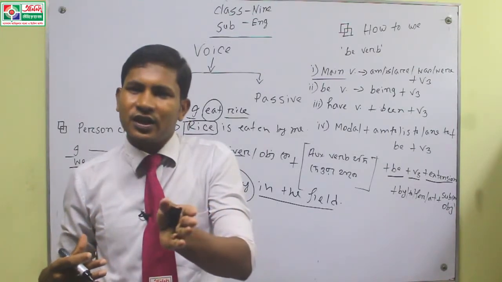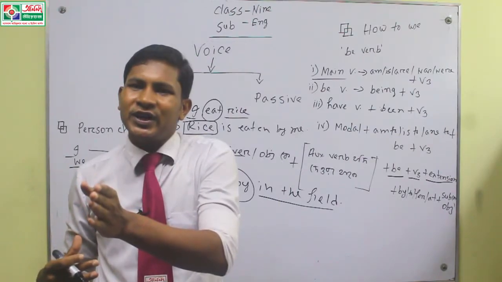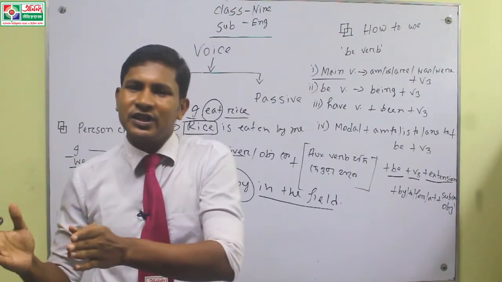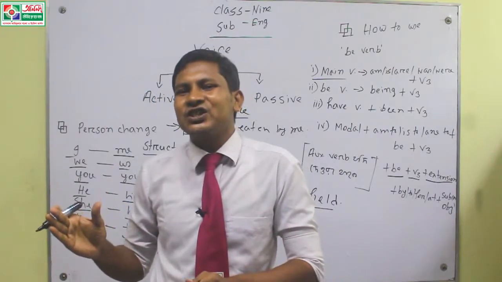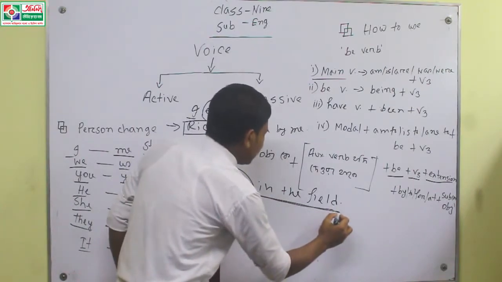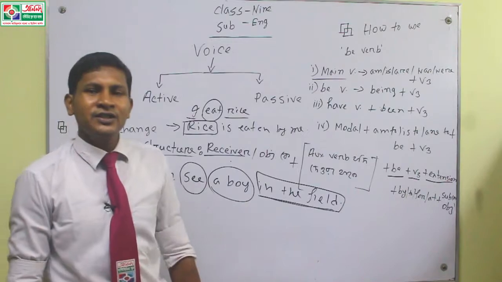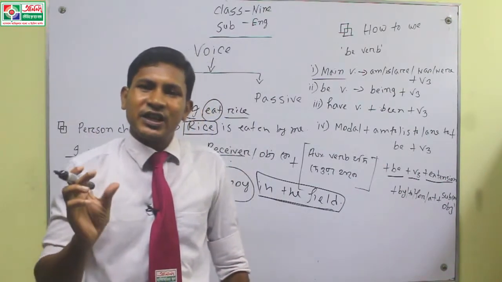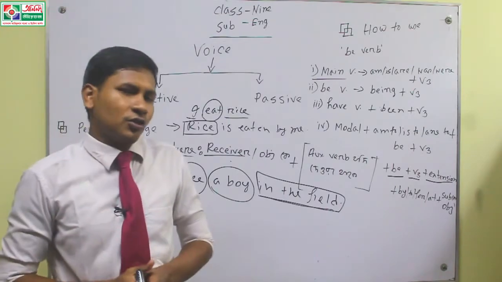The answer to this question we find in the field. In the field is called extension, so we don't change it. It always remains unchanged. This type of words is called extension. Do you understand, all my students?